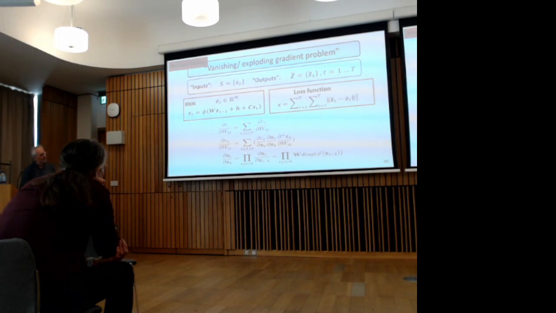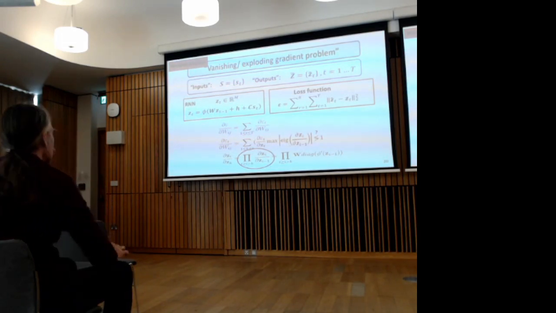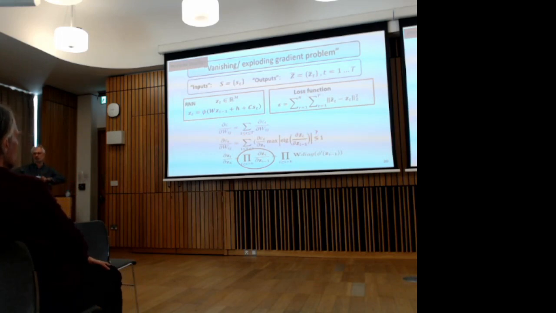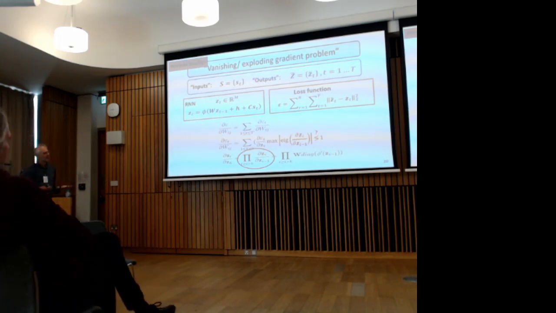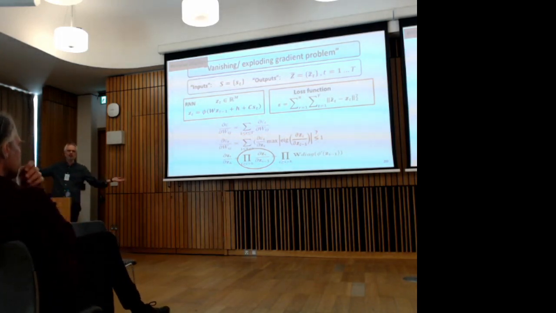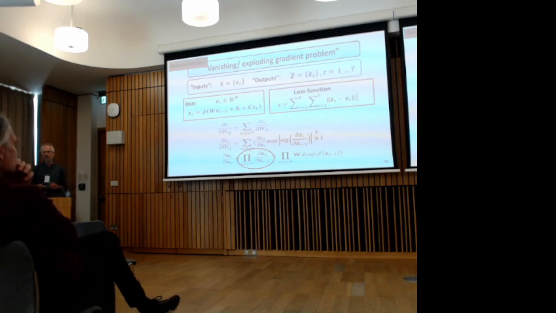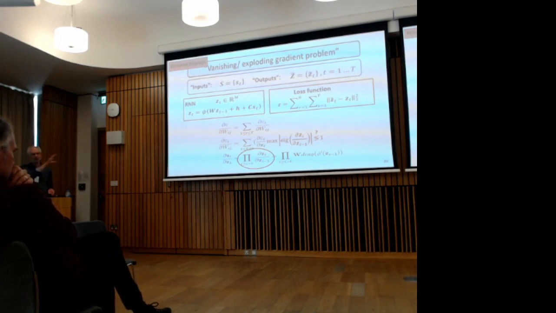Then you end up with these product series of Jacobians, and so you can guess that if the maximum absolute eigenvalue of these is larger than 1, then it will just explode, and if it's smaller than 1, then your error gradients will decay away. So this is a huge problem in training these systems, and this is not just true for backpropagation through time; it's true for a large set of different training algorithms.